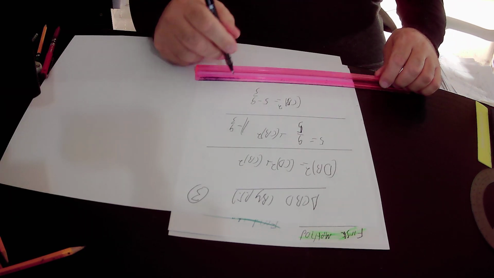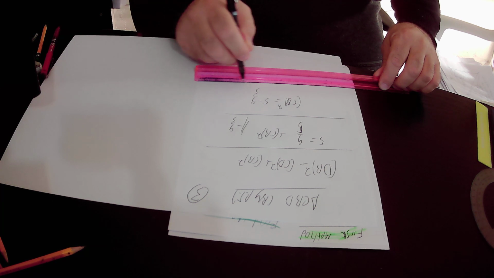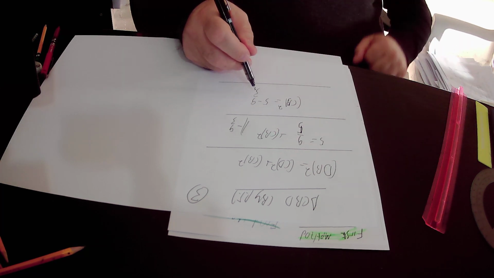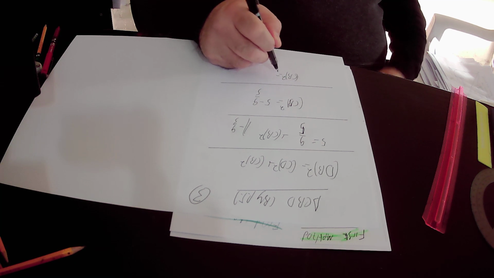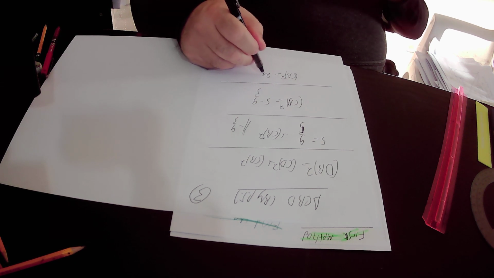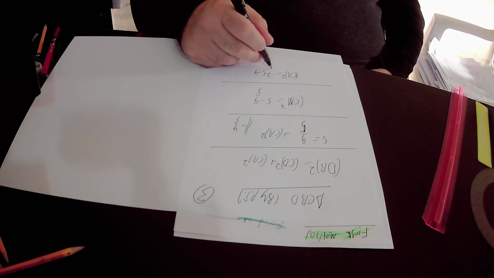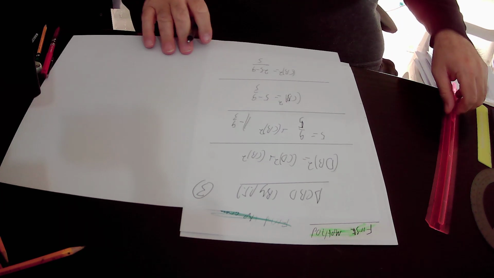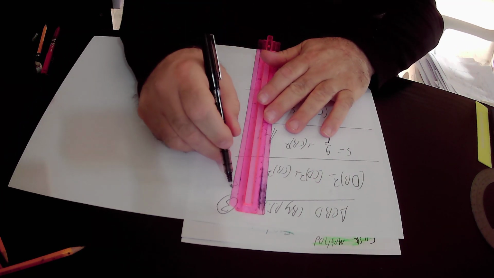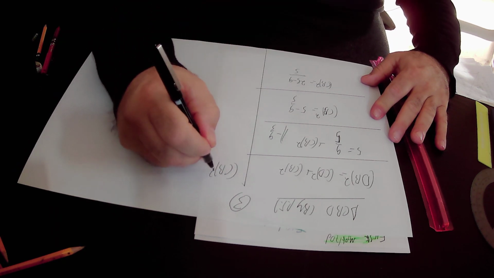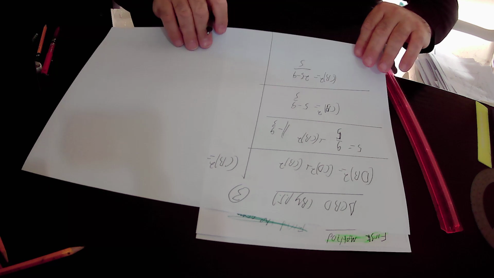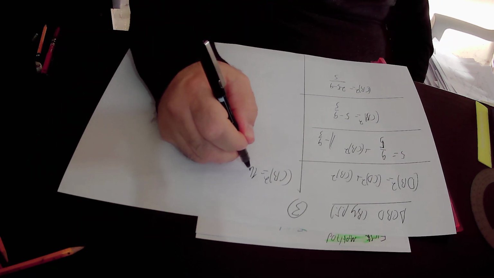Here we multiply 5 by 5 and then divide by 5 in order to have a common denominator with this expression, and we get that CB squared equals 5 times 5 is 25, so it is 25 minus 9 over 5. So CB squared equals 25 minus 9 is 16, so we have 16 over 5.